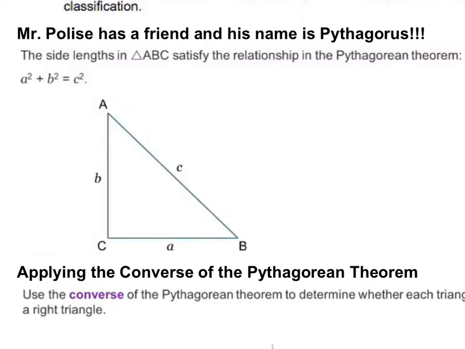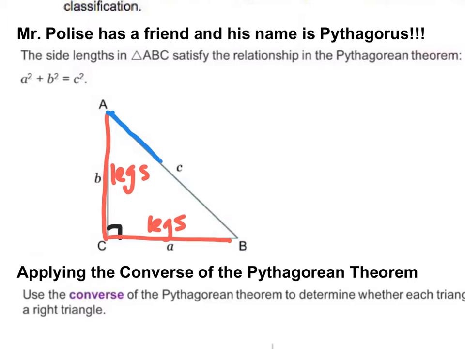Given a right triangle, I'm going to call these two lengths the legs, like Lieutenant Dan's magic legs.